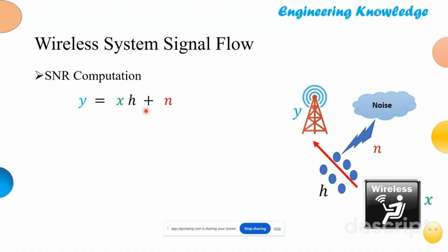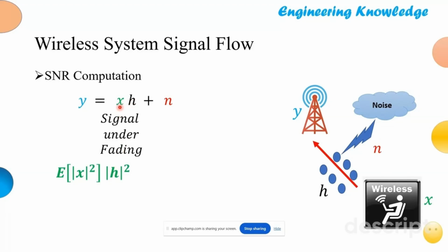We take these to be the voltages, and therefore the powers become proportional to the square of it. So the signal under fading has a power equal to the expected value of mod x square times mod h square, through the fading channel.